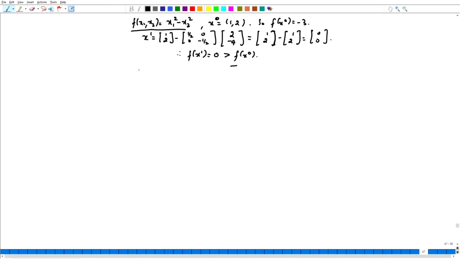Okay. So, let f of x1, x2 be x1 squared e power x2 plus x2 squared e power x1.